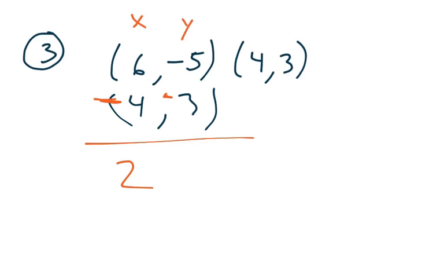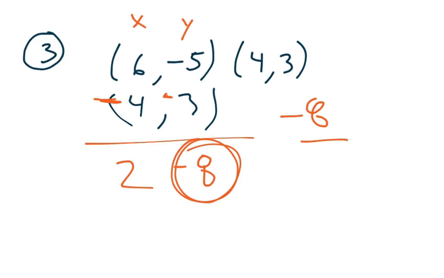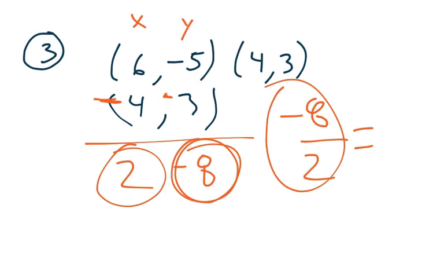Negative 5 minus 3 is negative 8. Don't forget I got to do the y's over the x's. And so negative 8 over 2 is my slope, but we really should reduce that to just simply negative 4. So pause the video again, guys, if you need to take notes.